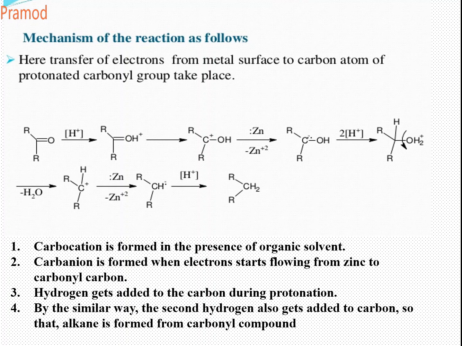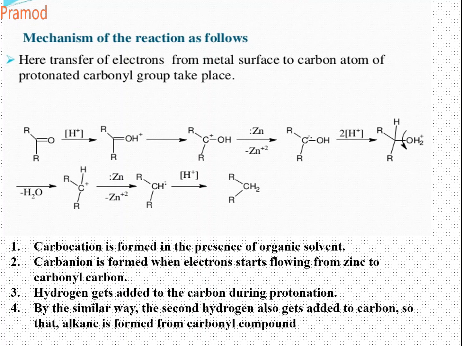Now this carbanion which is formed reacts in an acidic medium to form your OH2 plus. There is a loss of water, again formation of a carbocation, which again forms a carbanion, and again gets protonated by your second proton to give your corresponding alkane.